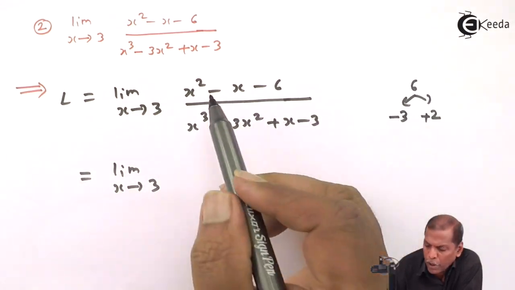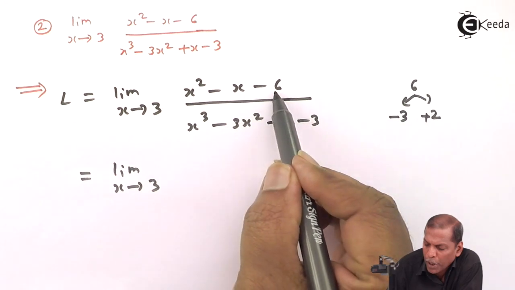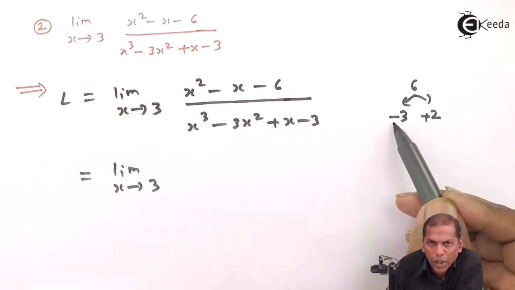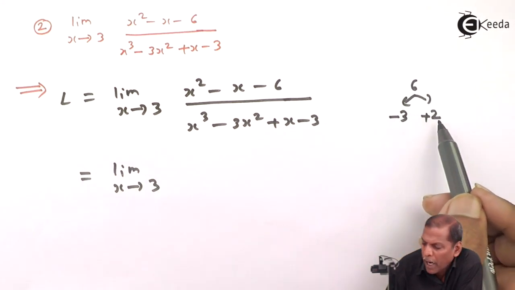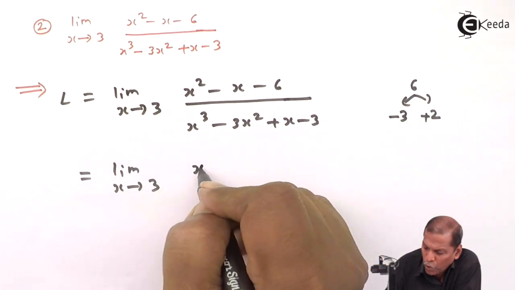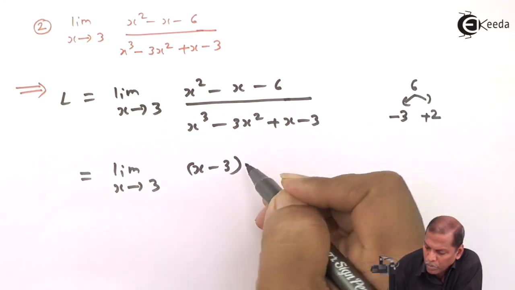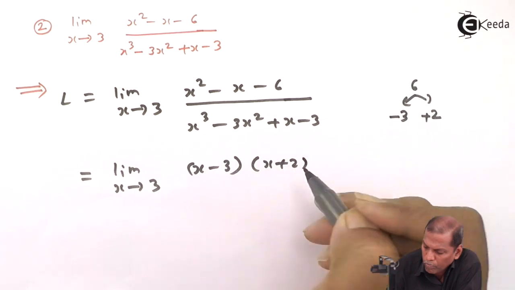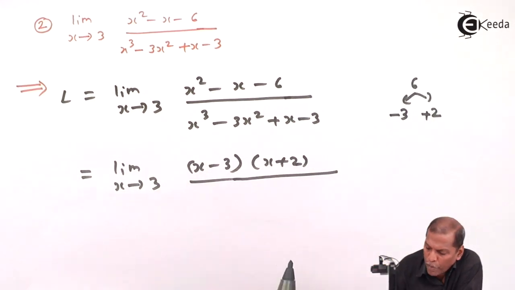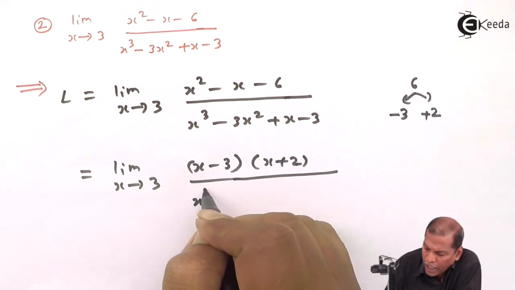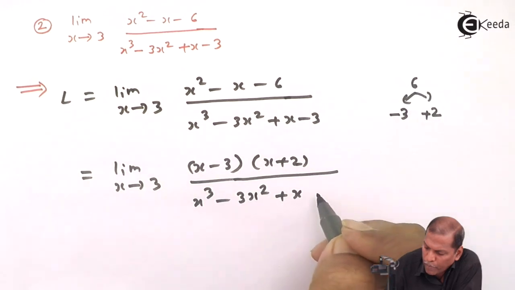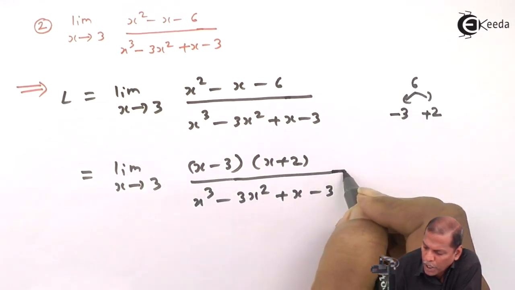In the numerator, x square minus x minus 6 can be factorized as (x minus 3) in one bracket and (x plus 2) in the other bracket. And we write the denominator x cube minus 3x square plus x minus 3 as it is.